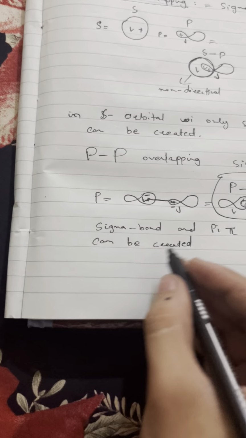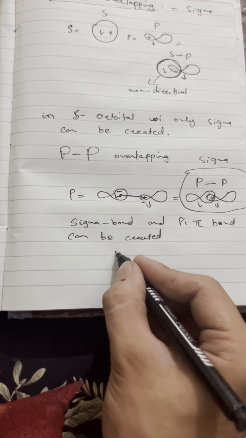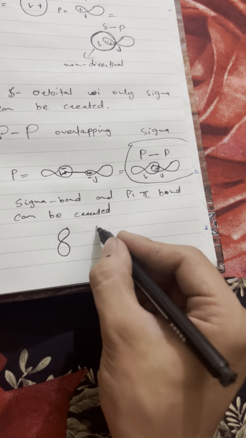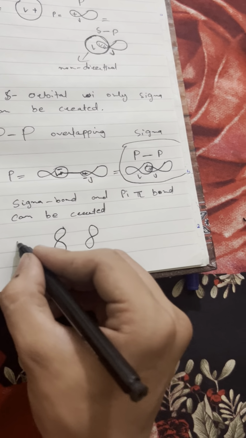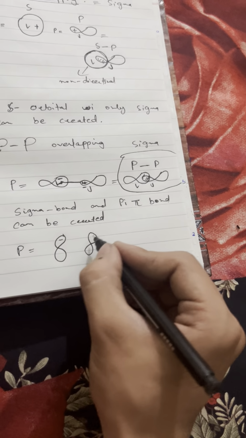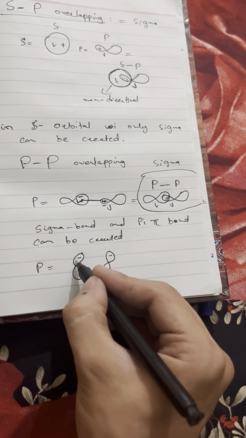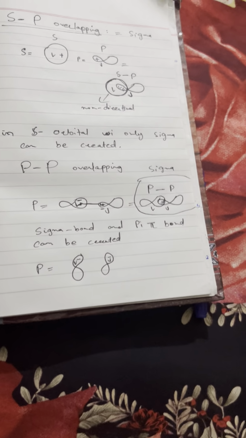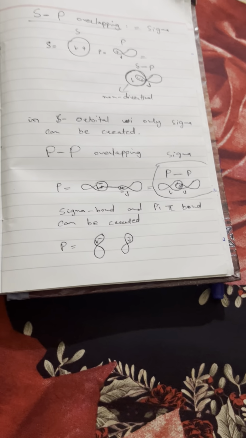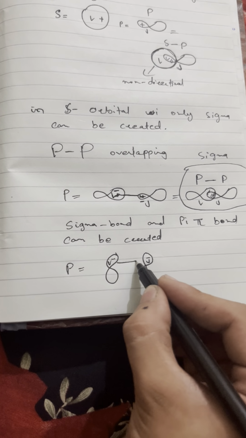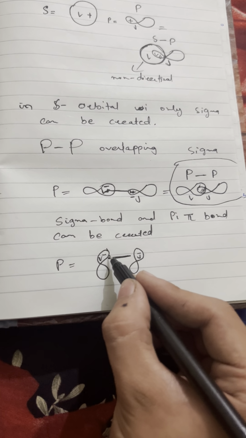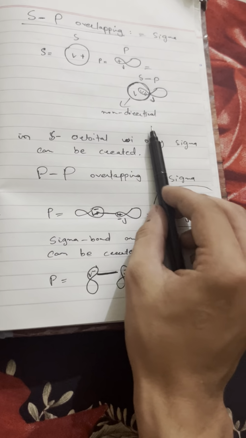Now let me give you an example of pi bond. We have two p orbitals, negative negative, or positive positive, with opposite spins. They can overlap like this, from this to this.